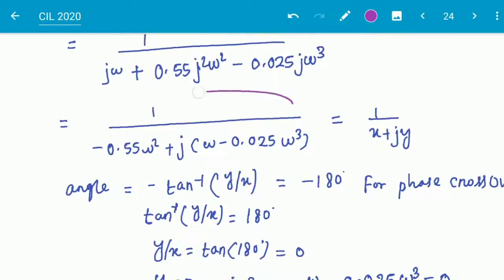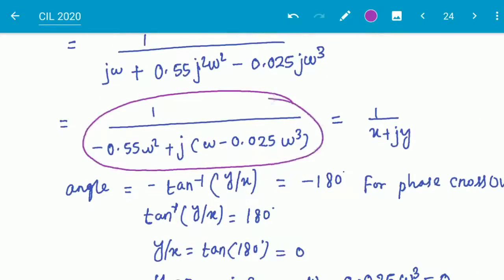1 by minus 0.55 omega square plus j omega minus 0.025 omega cube, which is equal to 1 by x plus jy. This is the real term and this is the imaginary term, and the angle is equal to minus, as this is in the denominator, minus tan inverse y by x, imaginary by real, which is equal to minus 180 degree.